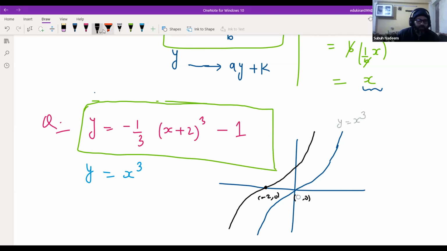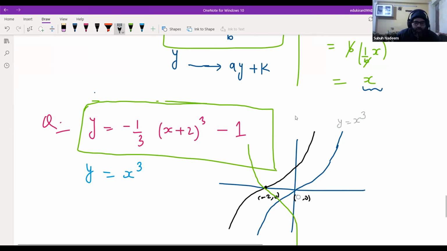Minus 1 will make it a mirror image about the x-axis, right? So this will be like this. This is the graph. So let us write one by one.